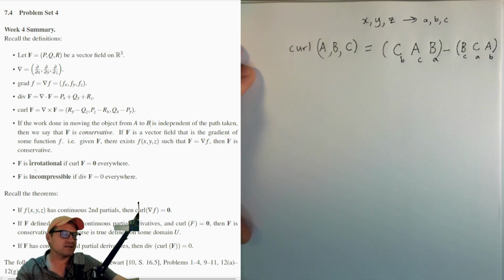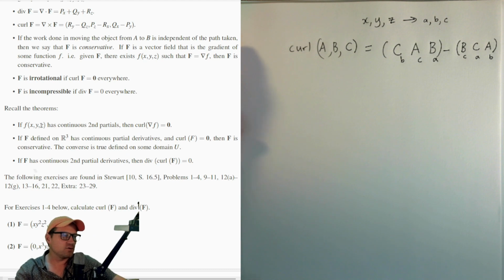Okay, F is called irrotational if the curl of F is the 0 vector everywhere, for all points (x, y, z), and F is called incompressible if div of the vector field F is 0 everywhere. So this is scalar 0. This up here is vector 0.